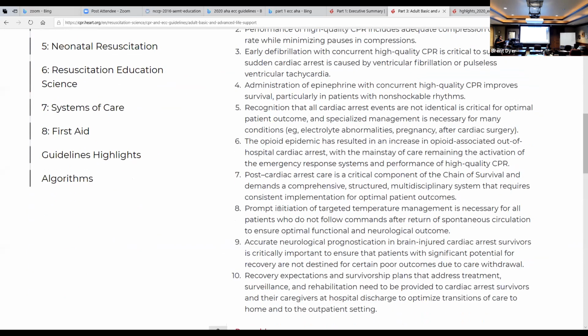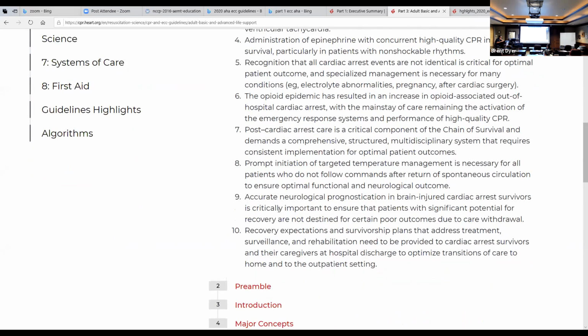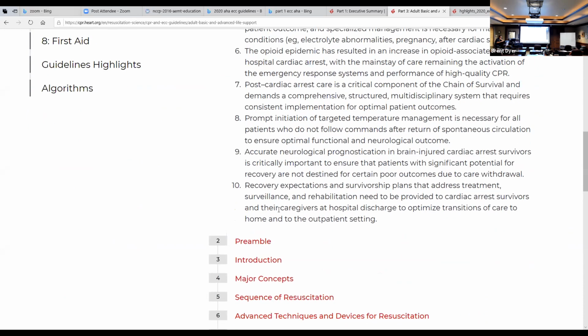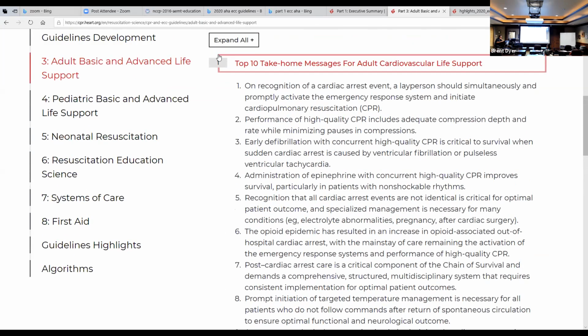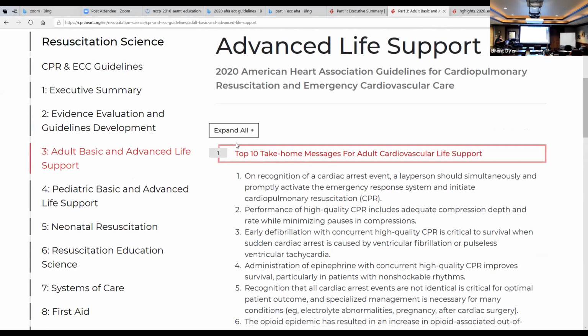Especially if it's in your scope of practice, you could expect to be asked about it. If it is not in your scope of practice, you would maybe be expected to know what had happened next to prepare your partner for it. I highly encourage you. Look, this document right here is where, up until just a couple of weeks ago or so, they were still going off the 2015 guideline.